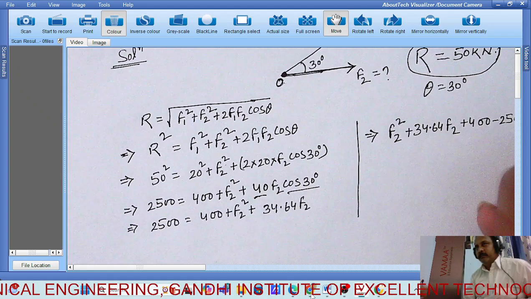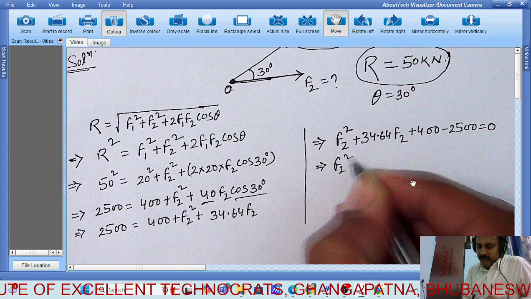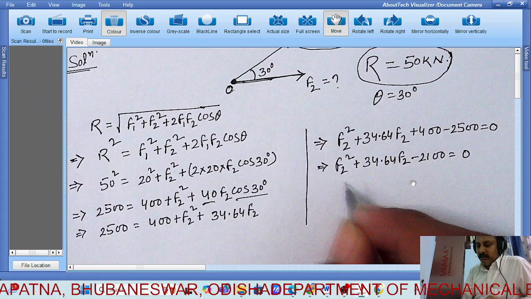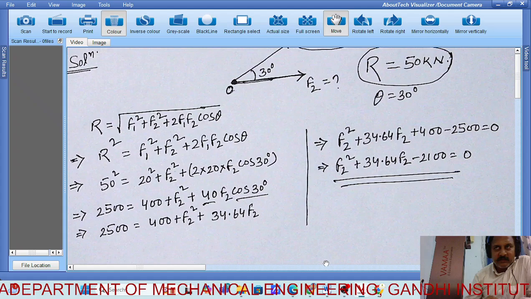So F2 square plus 34.64 F2 minus 2100 equals 0. Now this is the quadratic equation which you can put directly into your scientific calculator to find out the value of F2.